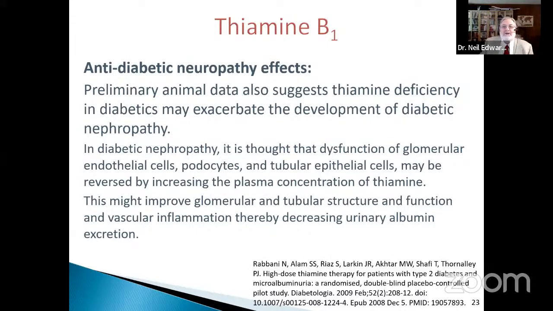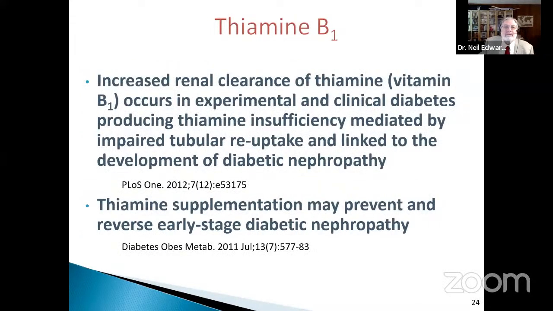Thiamine deficiency also tends to increase development of diabetic neuropathy. And in diabetes, there's an increased shedding of thiamine through the kidneys that is associated with diabetic nephropathy.